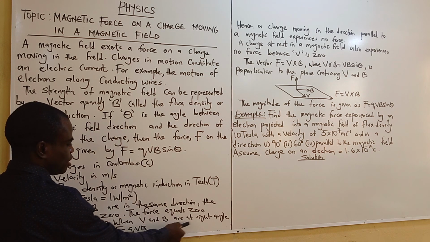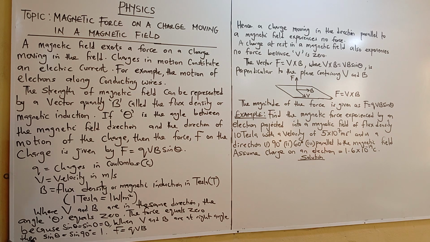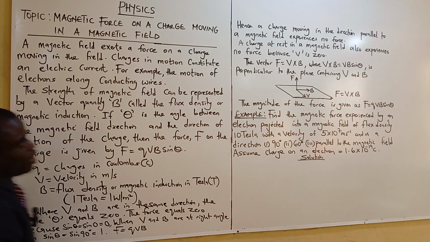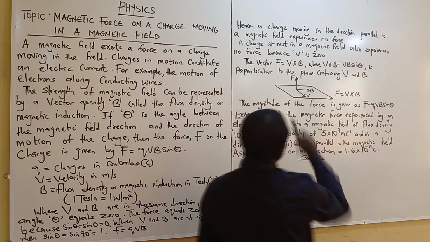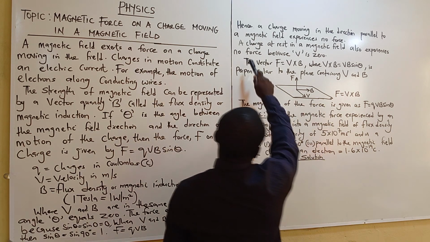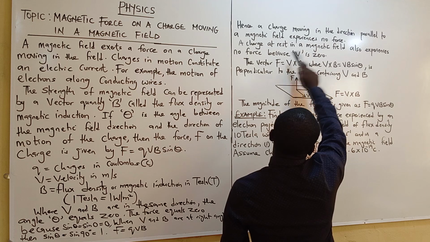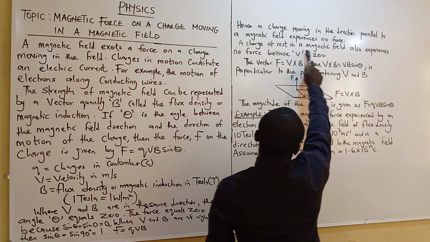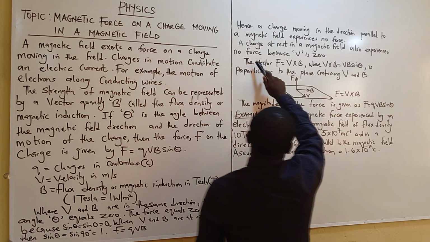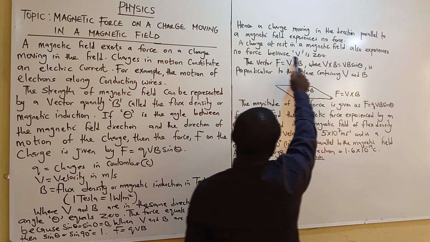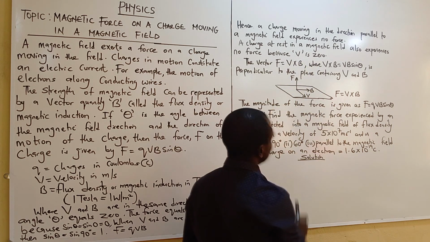When V and B are at right angles, sine theta equals sine 90 equals 1. In that case, F equals QVB. Hence the charge moving in the direction parallel to a magnetic field experiences no force. A charge at rest in a magnetic field also experiences no force because V is 0.